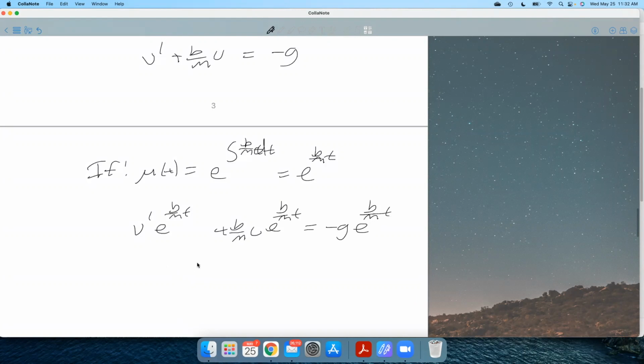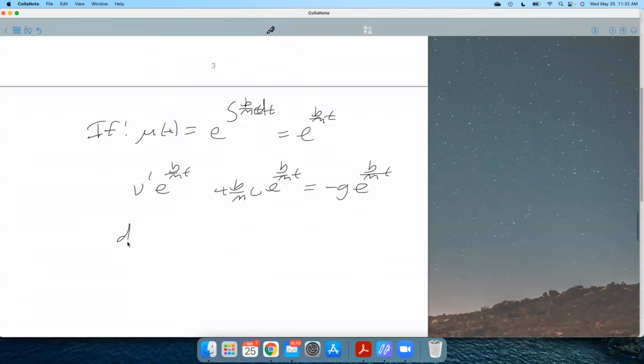Then the left side should be the product rule derivative of v times that integrating factor. We should check and make sure, and it is, because the derivative of this guy is the same thing times the derivative of the top.